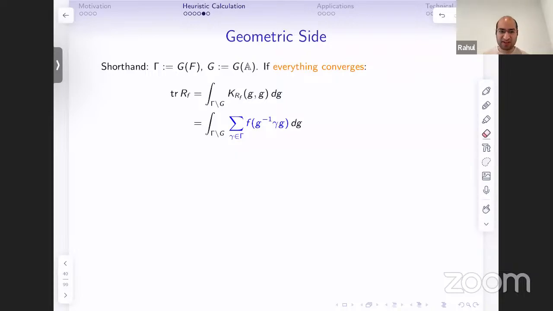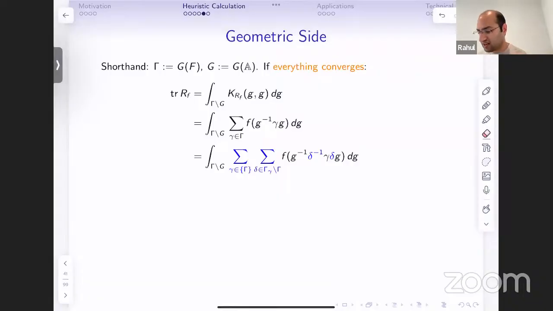So this inner sum over gamma, we can break up into a sum over conjugacy classes and then a sum over each conjugacy orbit. So this is sort of the key trick in this derivation. We break up this inner sum. And so what's going on here? Well, this is the set of conjugacy classes.